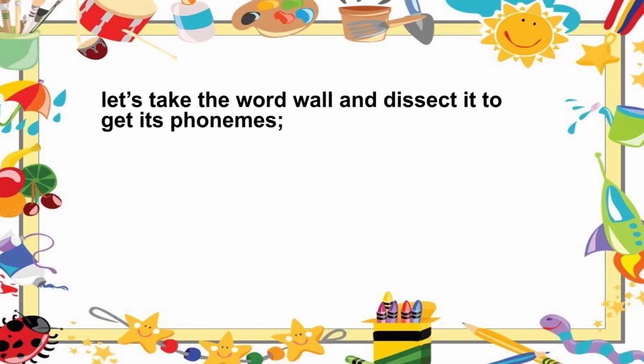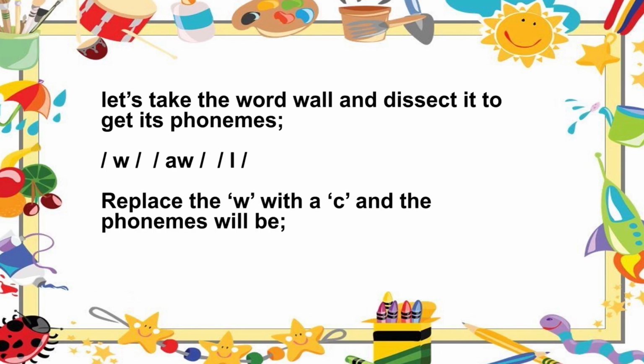All words are made up of phonemes that come together to make a meaningful word. For instance, let's take the word wall and dissect it to get the phonemes w, o, l. Replace the w with a c and the phonemes will be k, o, l.